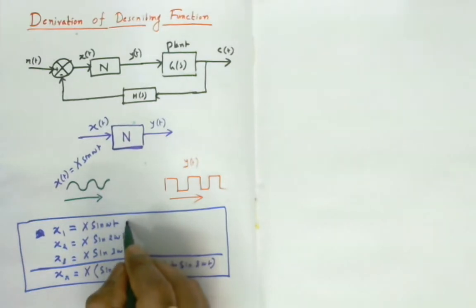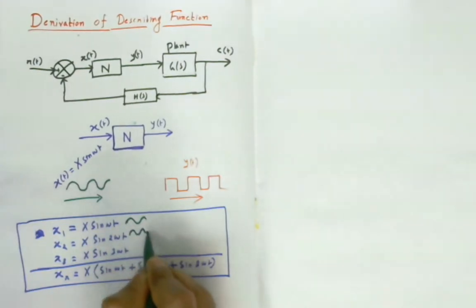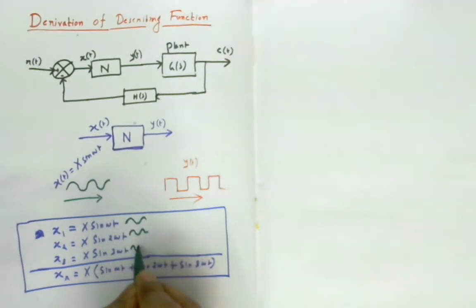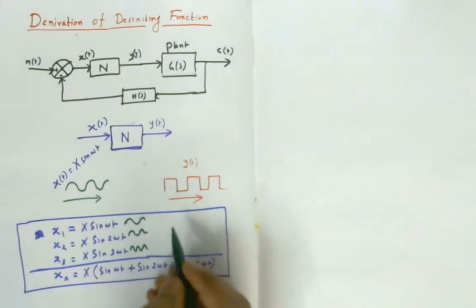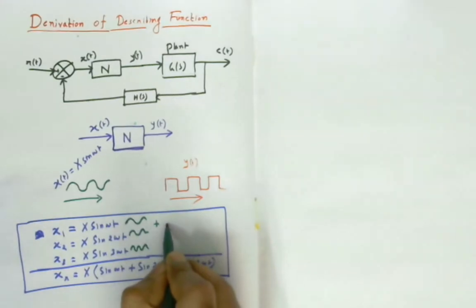Initially, this waveform was sinusoidal. This is also sinusoidal, but the frequency is doubled. This is also sinusoidal, the frequency is tripled. If I add these two waveforms, this is what the waveform looks like.